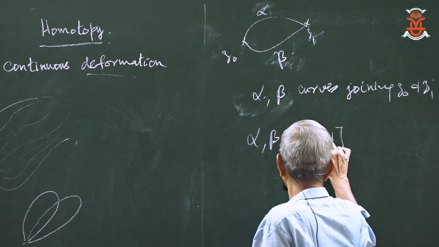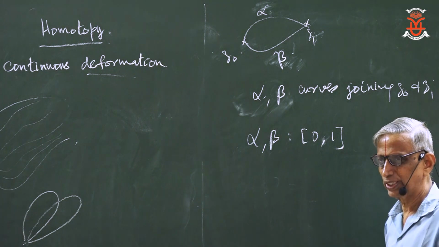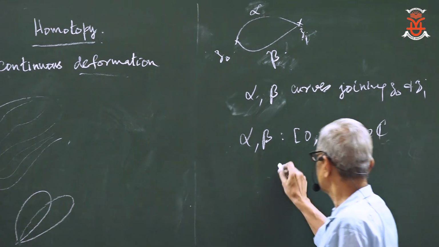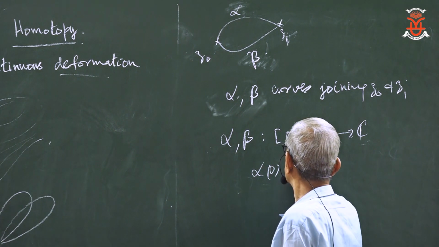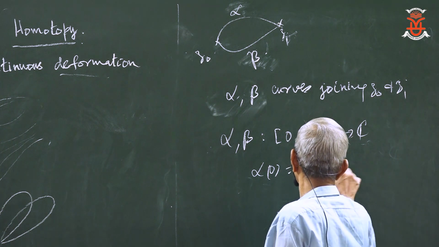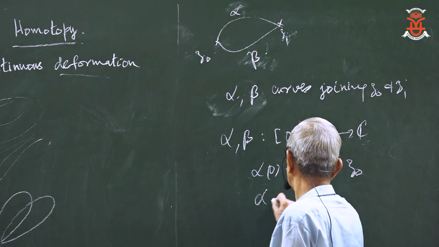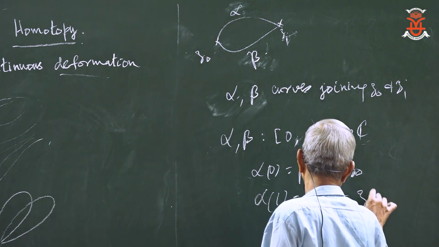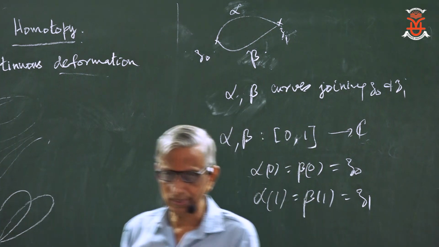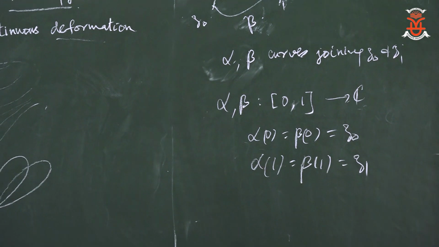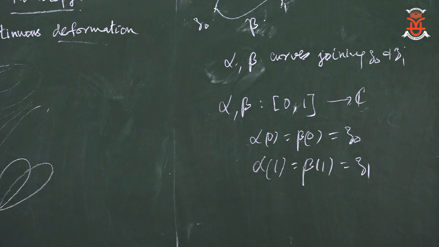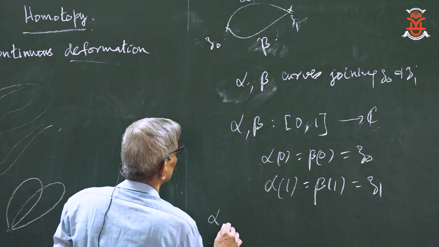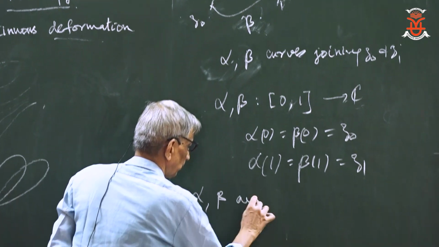From a closed interval, we can always take it to be 0, 1, continuous, such that alpha 0 is the initial point Z0 and alpha 1 is the end point Z1. So these alpha, beta are path homotopic.